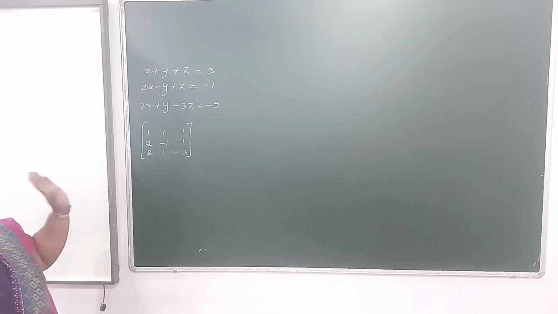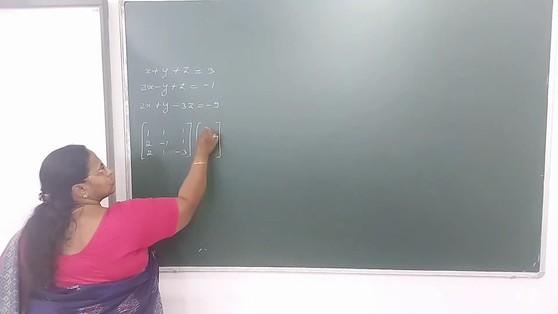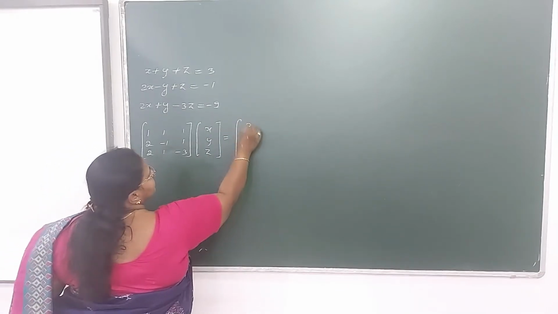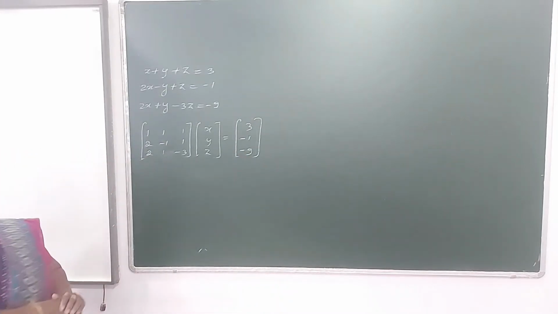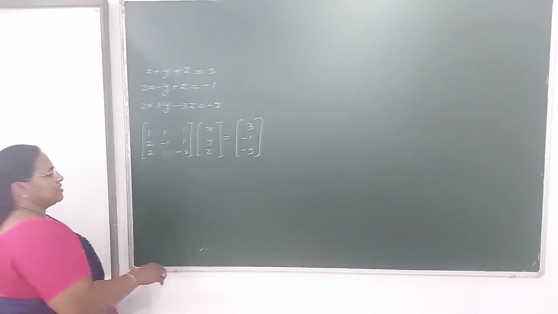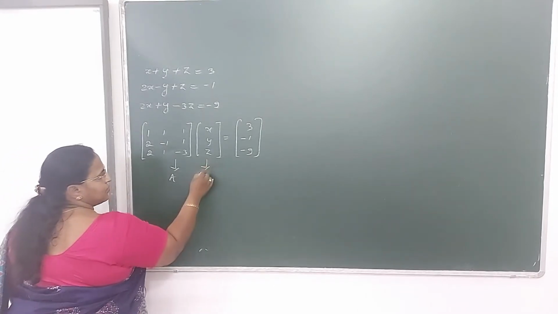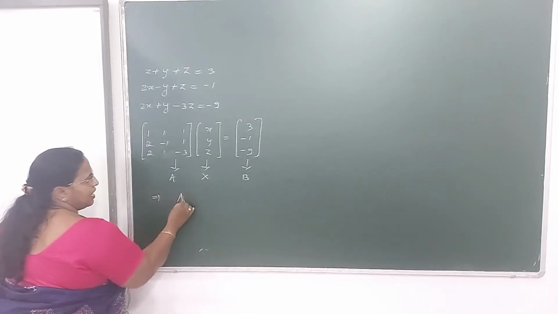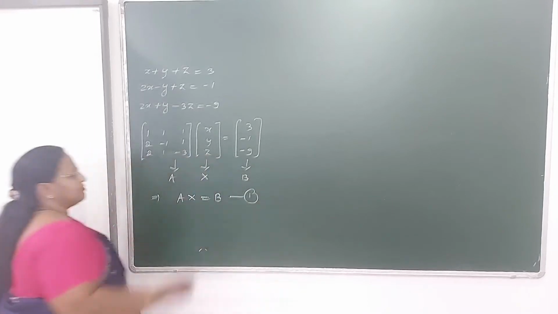This is the square matrix A. Now the column matrix of the unknowns is x, y, z. And the column matrix of constants is 3, minus 1, minus 9. That means the above equations can be written in the form of matrices. This is the A matrix, this is the X matrix and this is B. So finally we get AX is equal to B, and let it be equation 1.